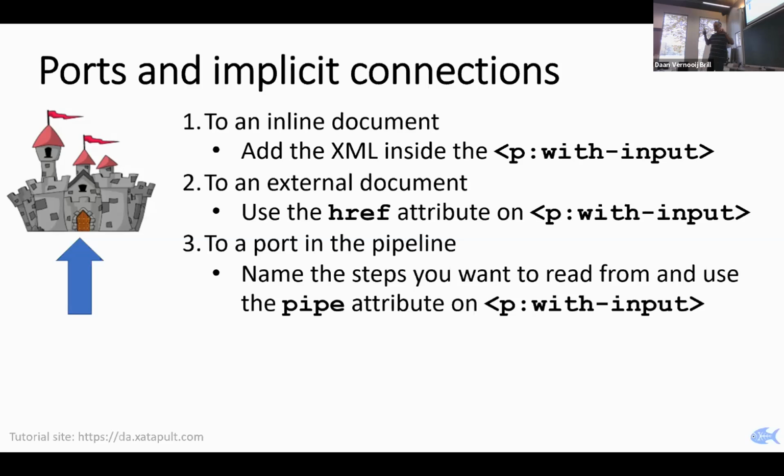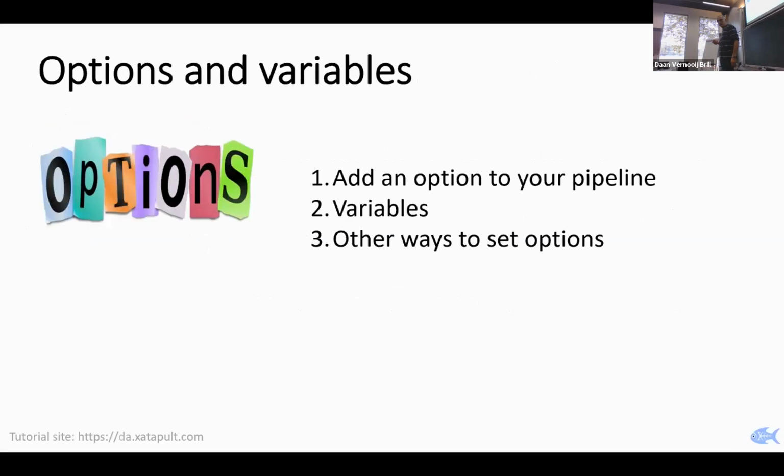That's a very important concept in XProc, of course. So let's switch to something else. Let's switch to options and variables, because we've seen already that a step can have options, right? So maybe if we write a step ourselves, we also want to set an option on that step and do something with its value.